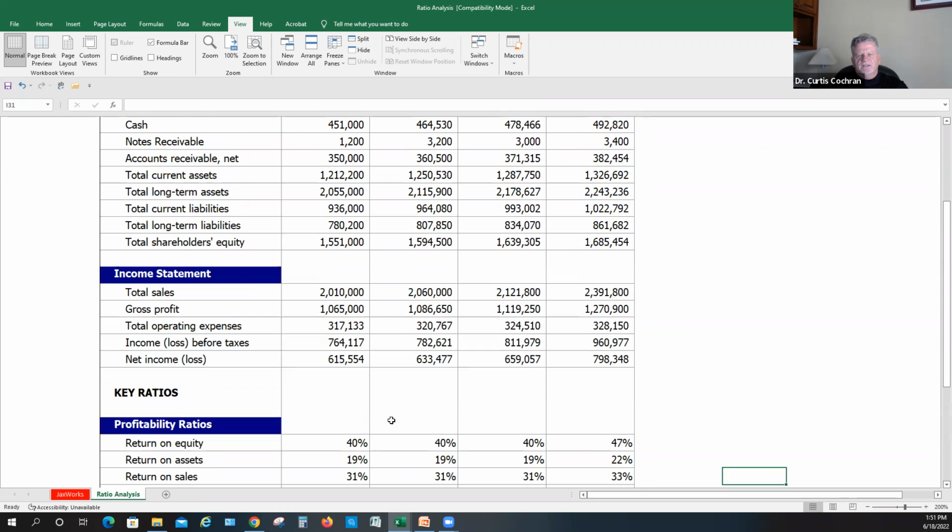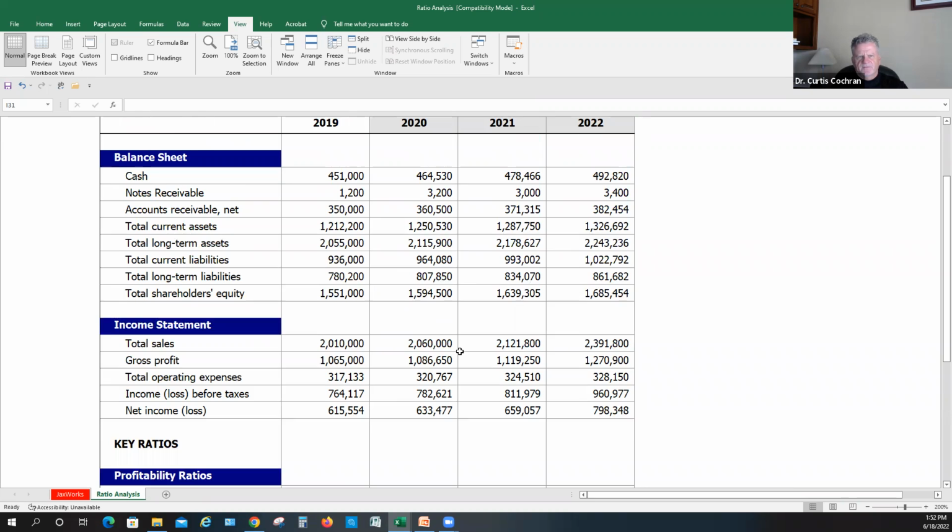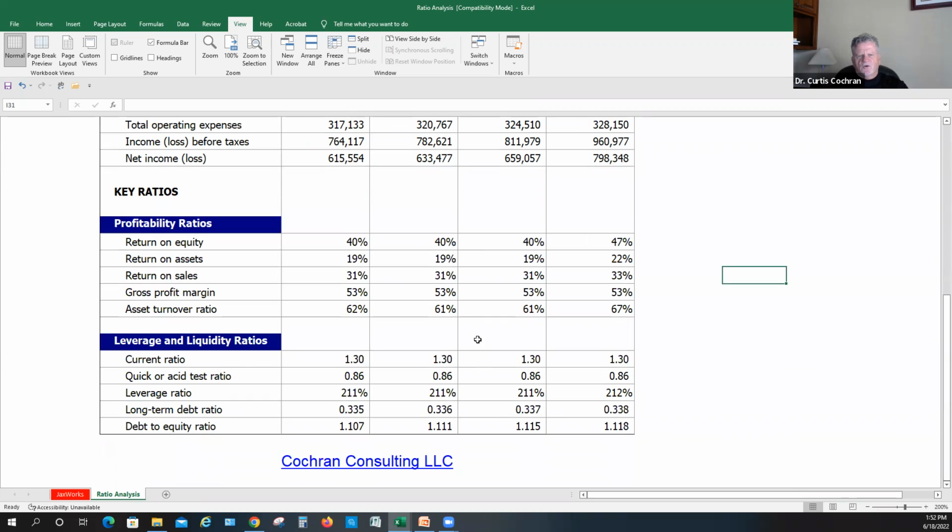And that's using these numbers up here. And so current ratio is 1.3, quick and acid test ratio 0.86, leverage ratio is 211%, long-term debt 0.335. That's about good. And then the debt to equity ratio is pretty solid as well.